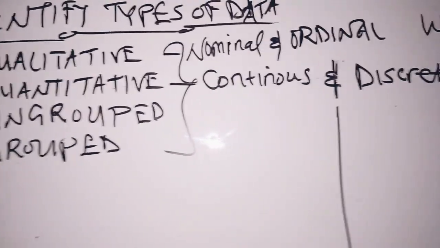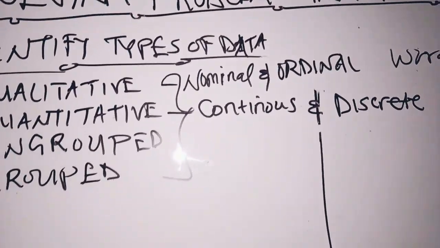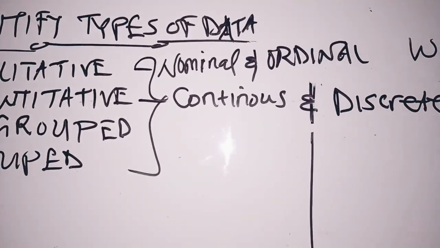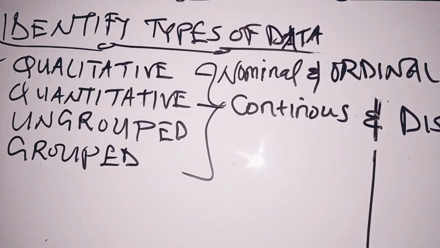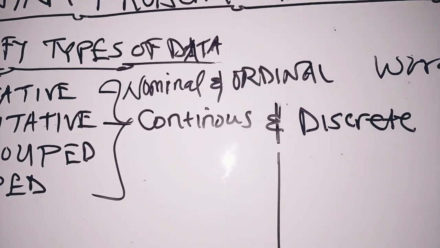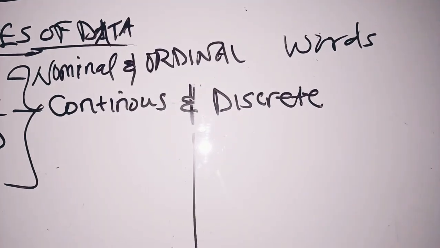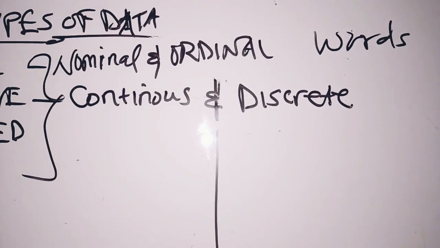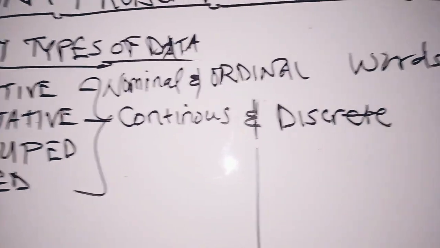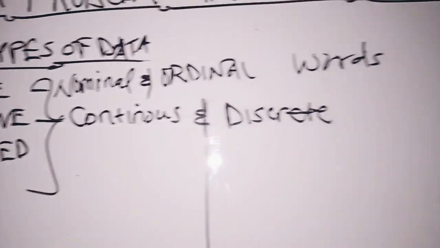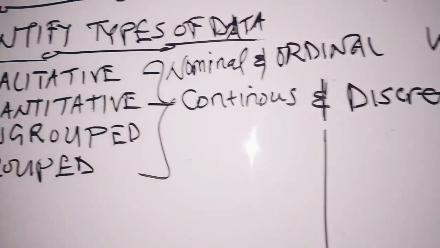Continuous type of data deals with measurement. Discrete deals with counting. You have to research more about these types.